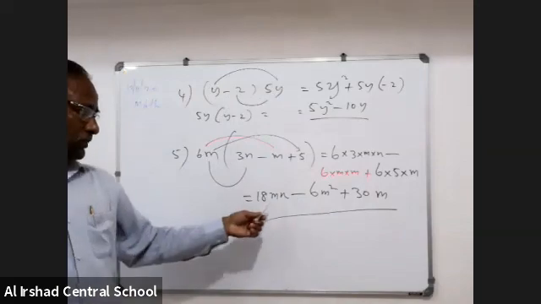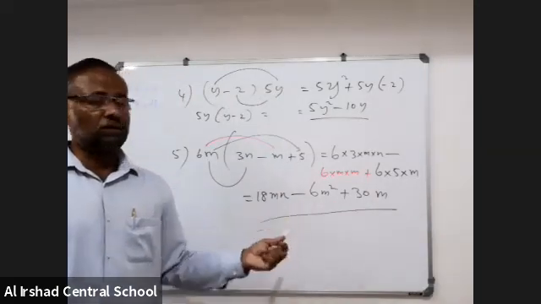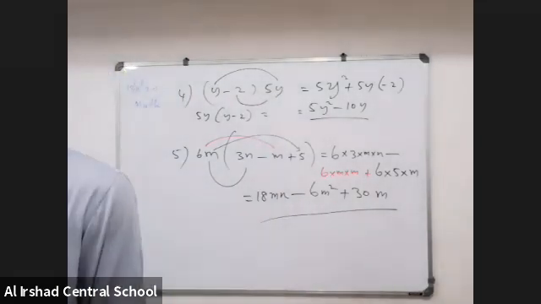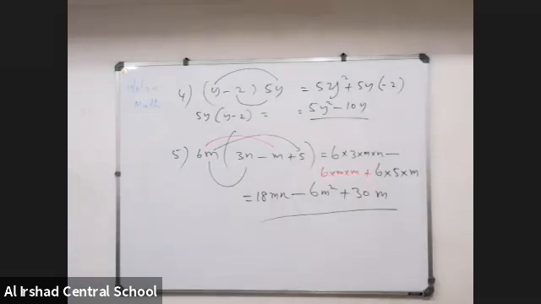We cannot add these. mn is there, m is there, m square is there, all are different, no like terms. Like terms only we can add, but we can multiply. 6m into 3n, 18mn; 6m into minus m, minus 6m square; 6m into 5, 6 5s are 30, 30m.